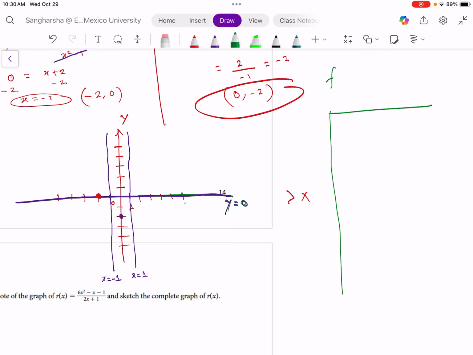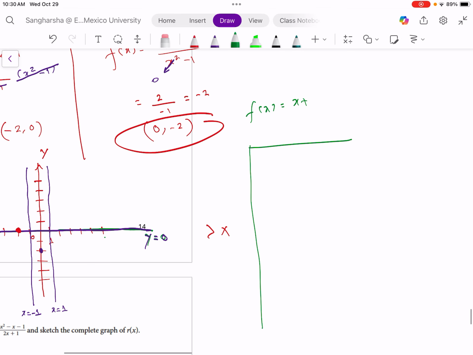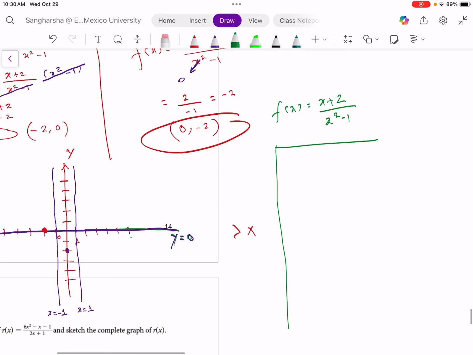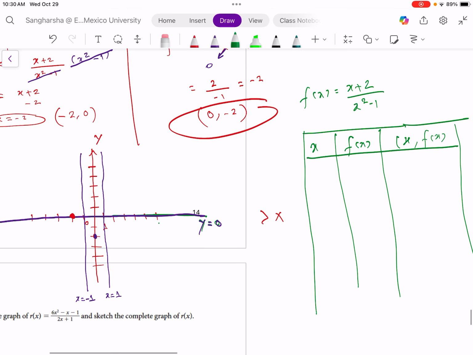Our function is f of x equals x plus 2 divided by x squared minus 1. x and f of x give us a point. Let's take at least one point close to a vertical asymptote.